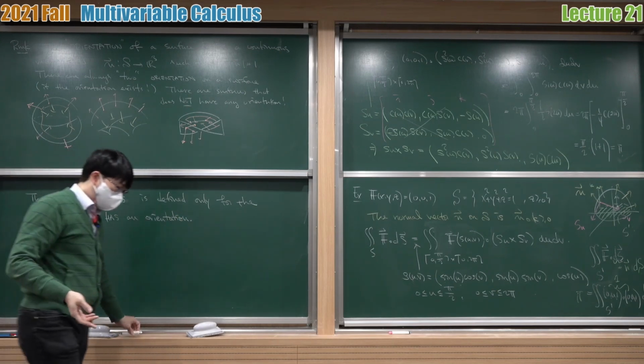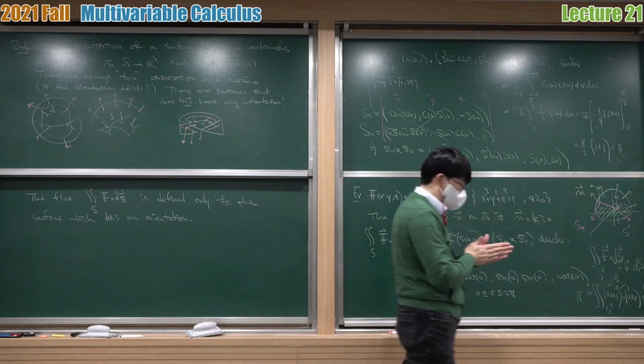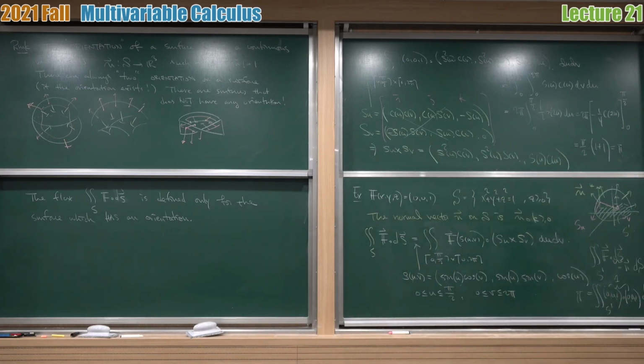Similar to the line integral, if you change the direction of your line parameterization, you have a negative line integral, right? What happens when you change the orientation of your surface, which means that you change the normal direction to the opposite of the original normal direction? The flux you get is the negative of the original flux you got with the original normal direction.